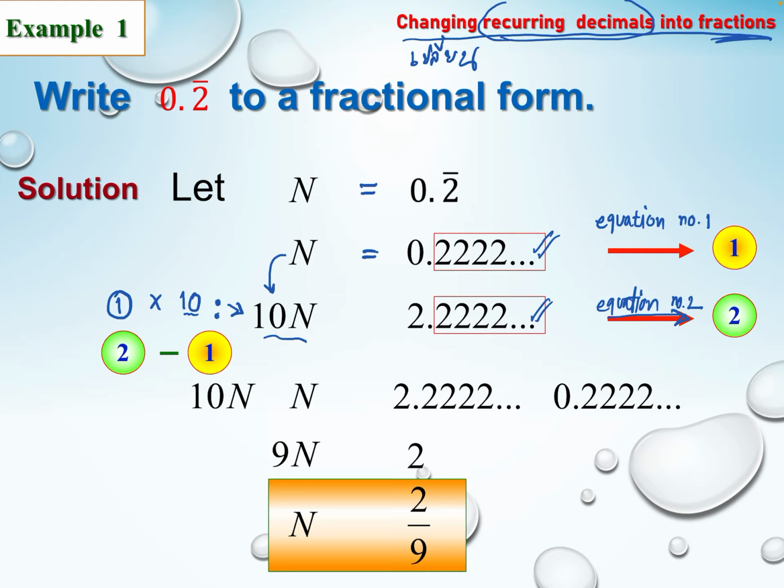And then if you take equation number 2 minus equation number 1, you will get the left hand side with 2 of them. So you have 10n minus n in the left hand side, equal to, in the right hand side, 2.2222 minus 0.2222. That means these cancel all along, right? Actually it should not be said cancel, it has to disappear.